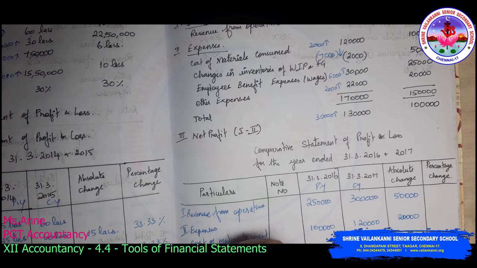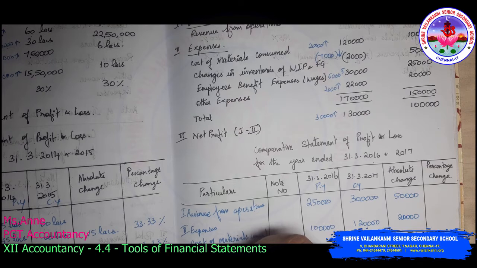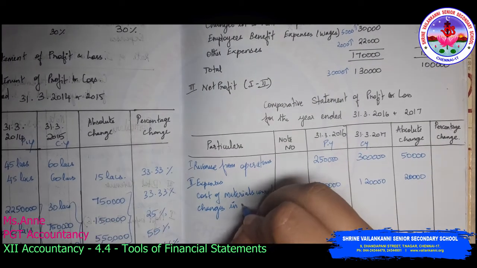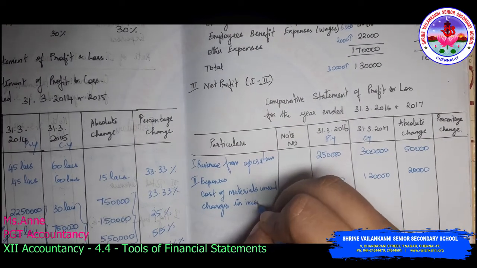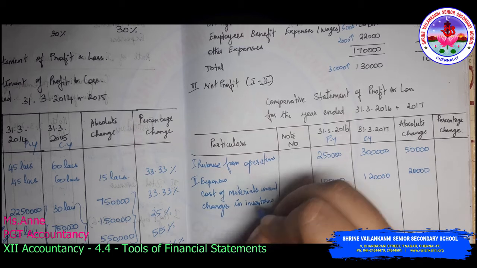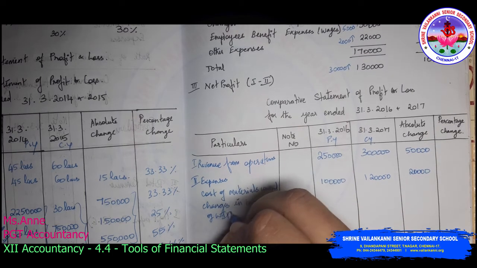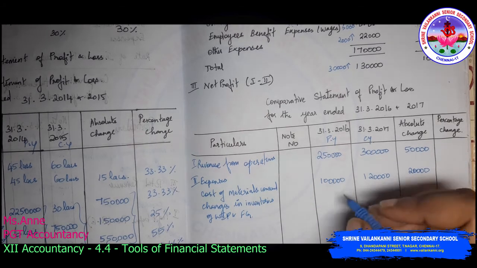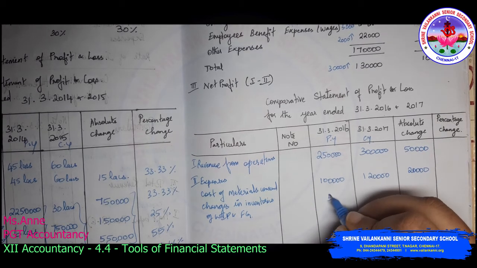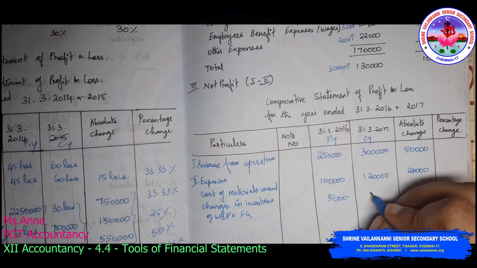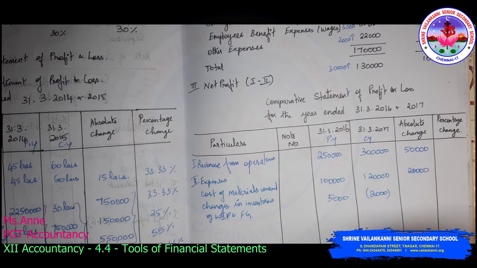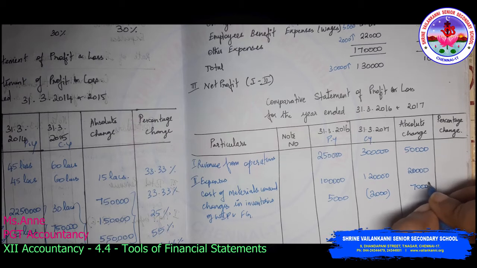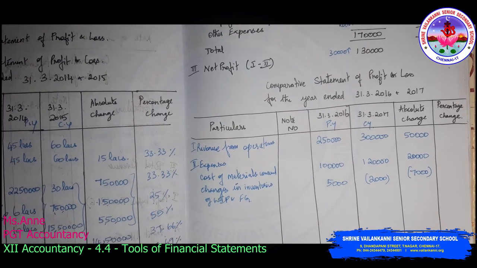Then changes in inventory of work in progress and finished goods. 2016 it was 5,000, but 2017 it came up to 2,000 negative figure. So I am taking 7,000 as negative figure here.